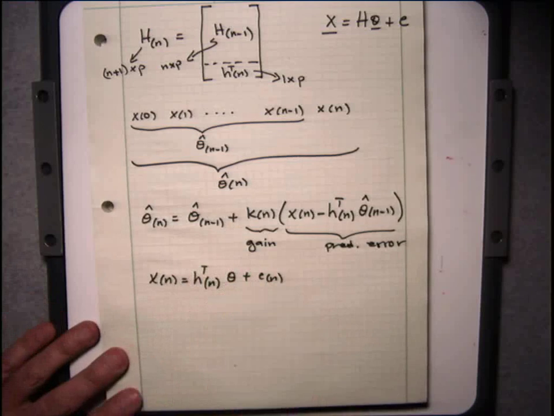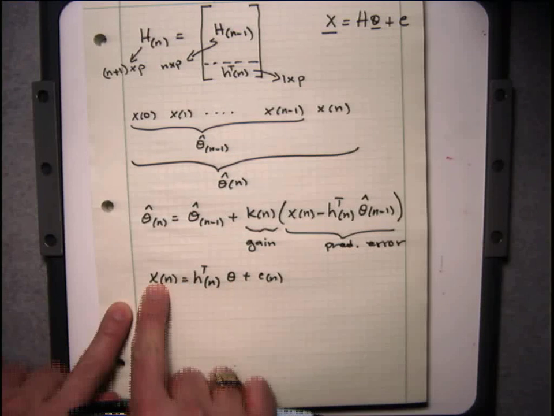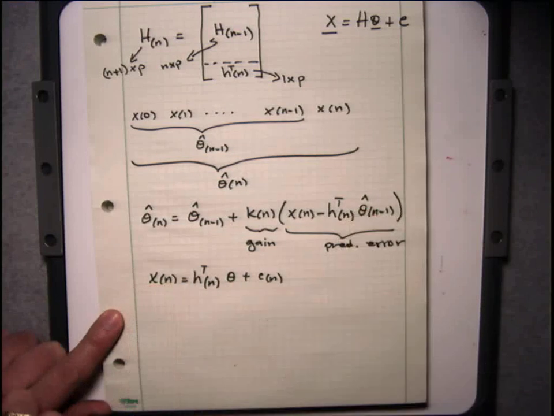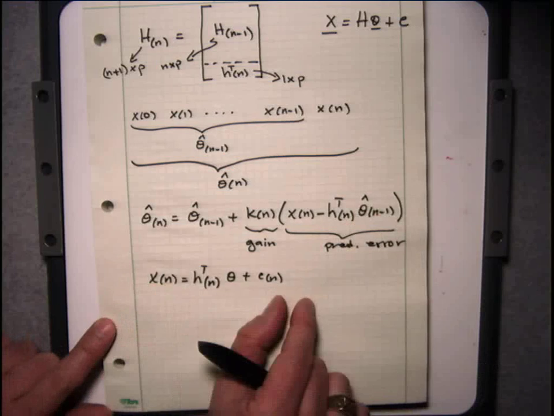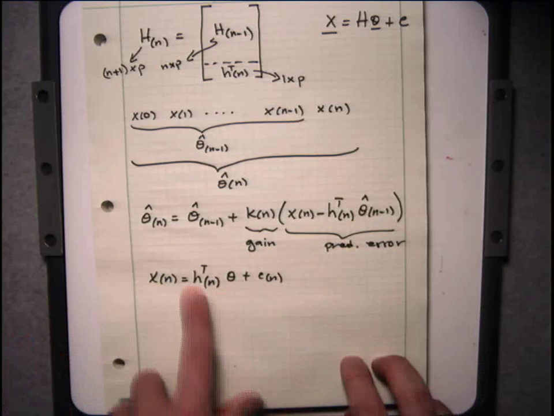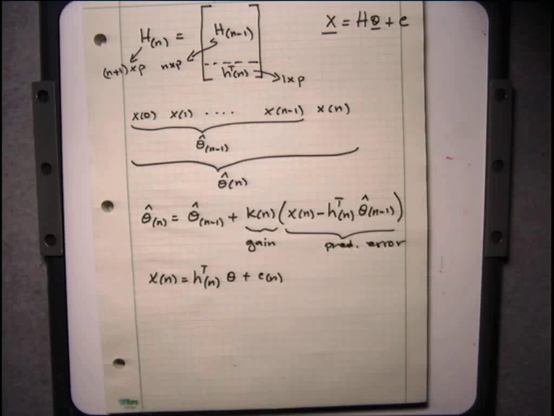So if you look in here, this is exactly the difference between these two terms if theta is replaced by theta hat n minus 1. That's why we call it the prediction error. And in fact, this h transpose is precisely that last row that we added to this whole expression.